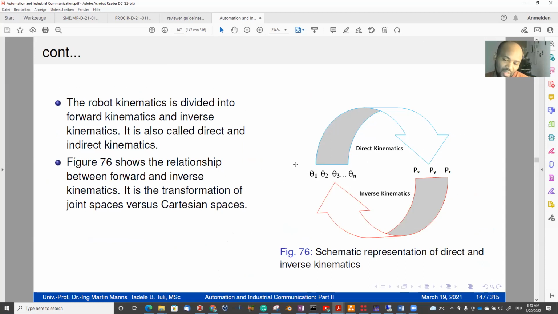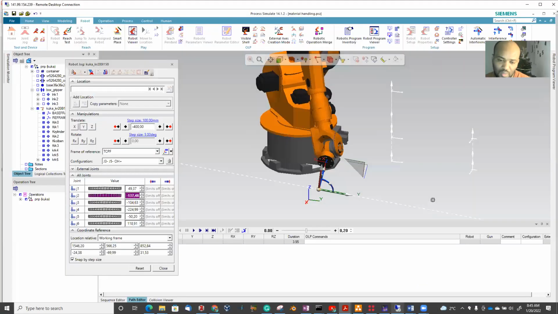But inversely, if you don't know the theta values, but you know the position of the end effector, which is px, py, pz, the robot has to make the motion to px, py, pz by calculating its joint positions or joint variables.